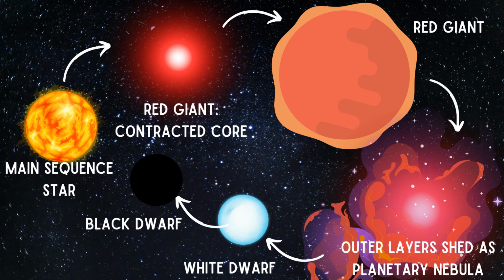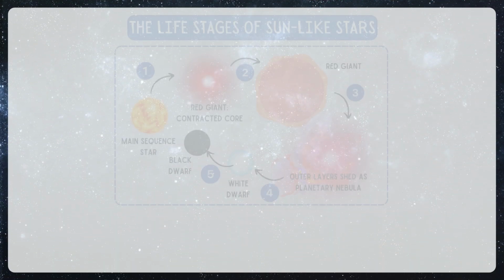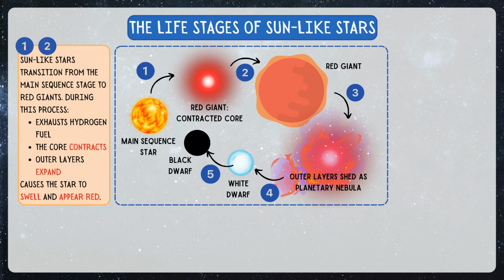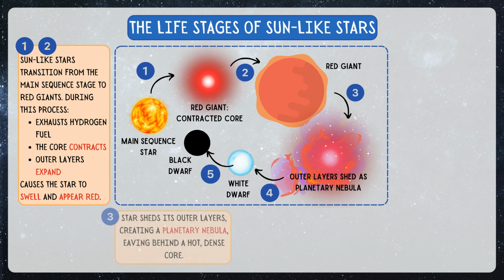In today's lesson, we delve deeper into the later stages of the life cycle of a star similar in size to our Sun. We began by exploring the transition of a star into the red giant phase once it exhausts its hydrogen fuel. During this stage, the core contracts while the outer layers expand, causing the star to swell and appear red. Next, we learned about the formation of a white dwarf, which occurs after the star sheds its outer layers, creating a planetary nebula and leaving behind a hot, dense core.